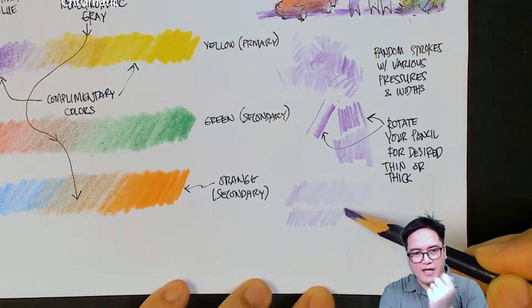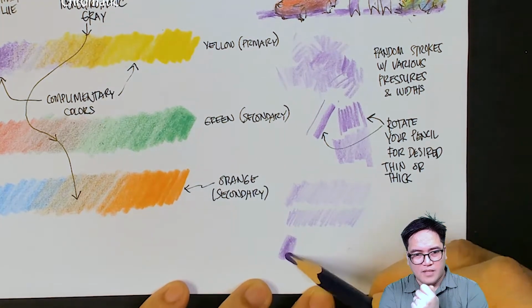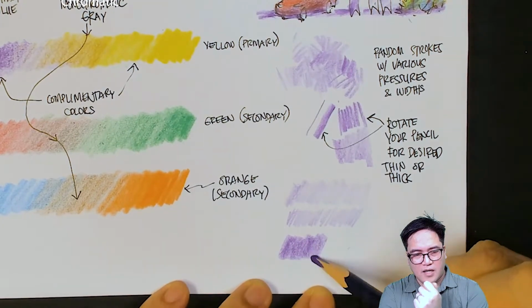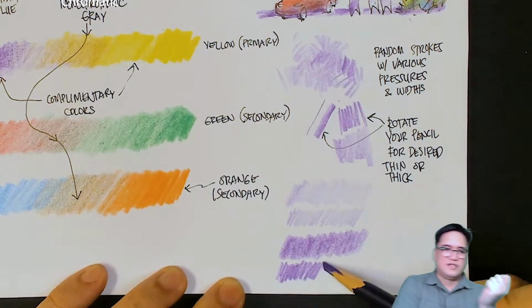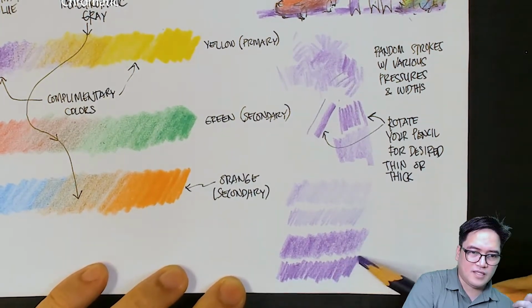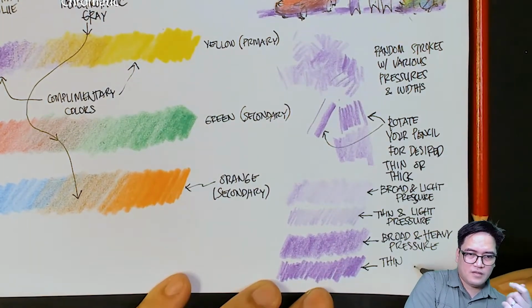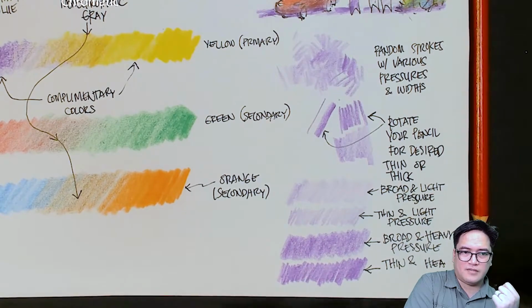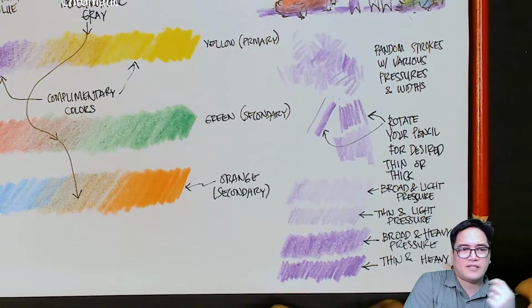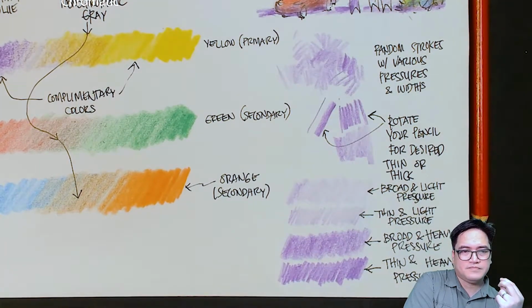If I need a thinner line, I just rotate my pencil. If I need a broader type of coloring, I can use this. It's sharper here, you can see that. It also depends on the type of pressure that you place onto the colored pencil. It all depends on what you need.